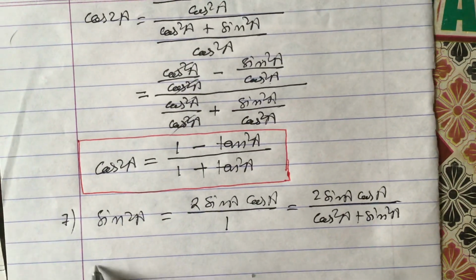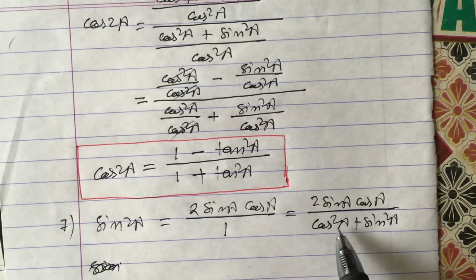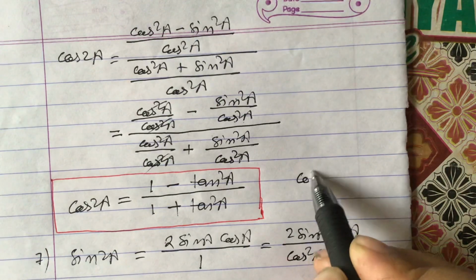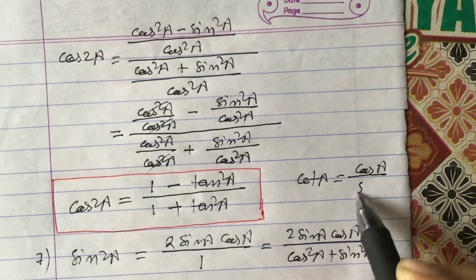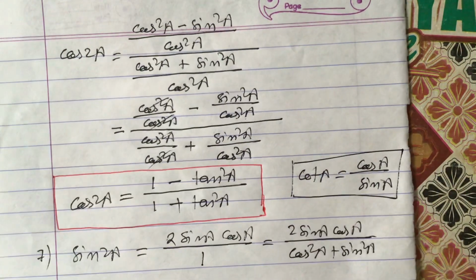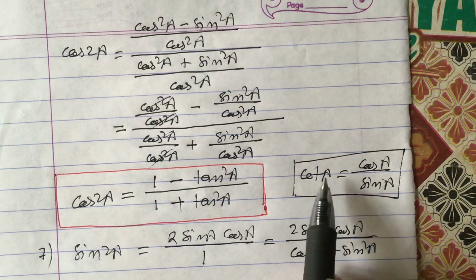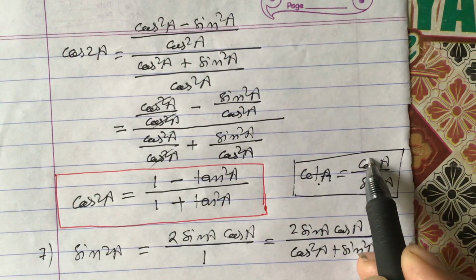First of all we have to divide. By what? Cot a means cos a divided by sine a. So if you are going to express sine 2a in terms of cot, then we have to get cot, that is cos upon sine.